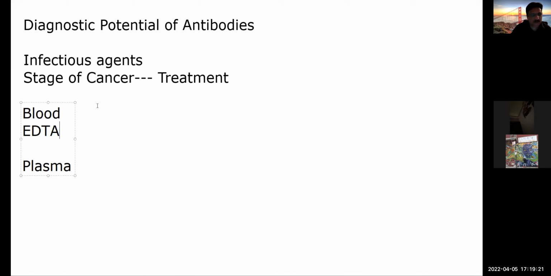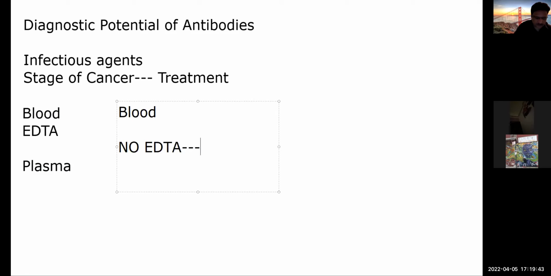The other situation could be that we draw the blood, and there is no EDTA, and the blood is in the test tube. Then the blood gets clotted and it releases a yellowish fluid that is called serum.